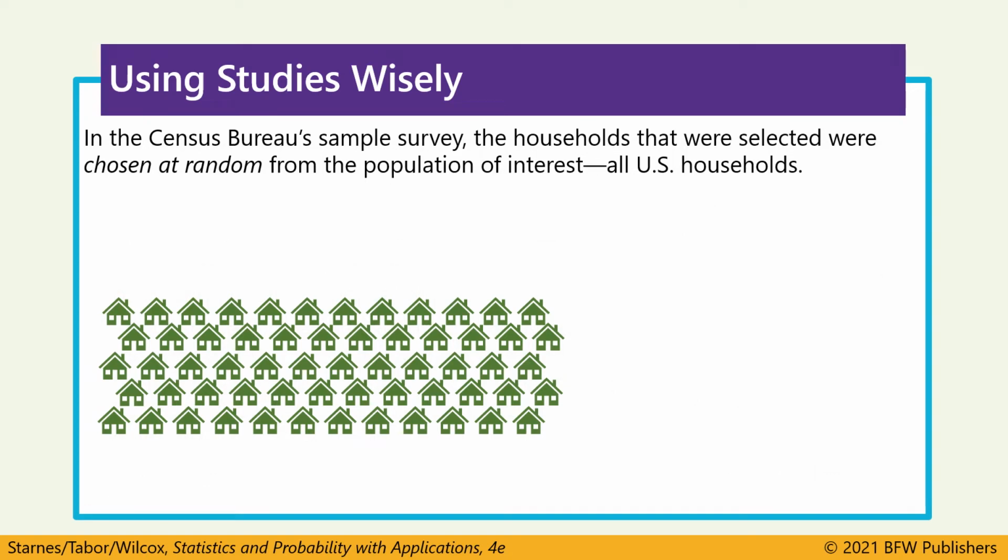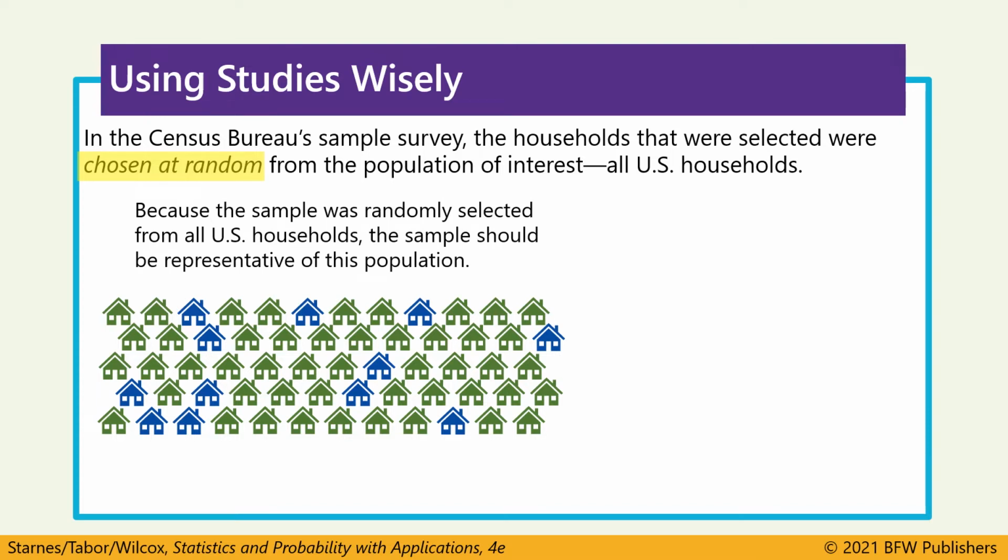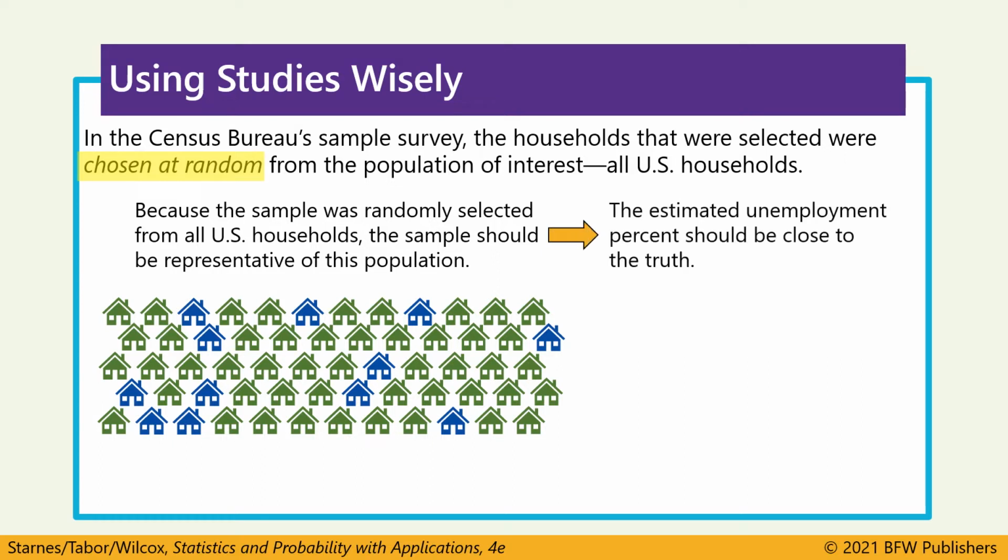Let's start by taking a closer look at that Census Bureau survey where they randomly selected 60,000 households across the United States from a population of all U.S. households. When we select a sample at random, our sample should be representative of the population. Whatever estimate we get, for example, an unemployment percent, should be close to the actual value.